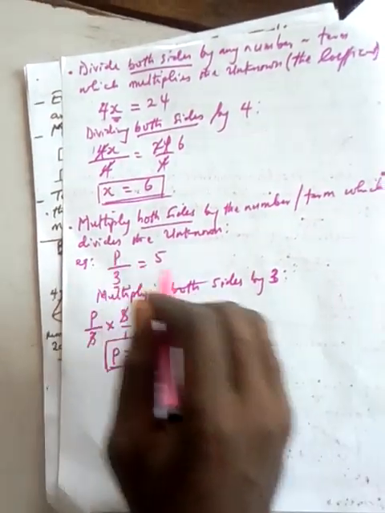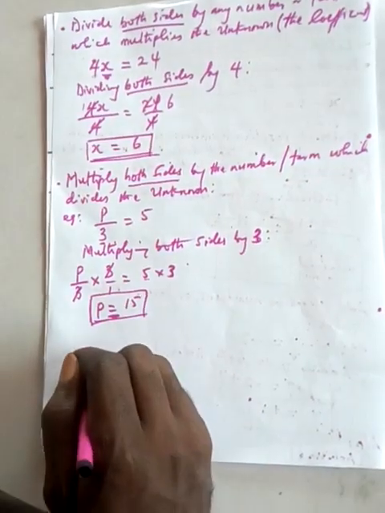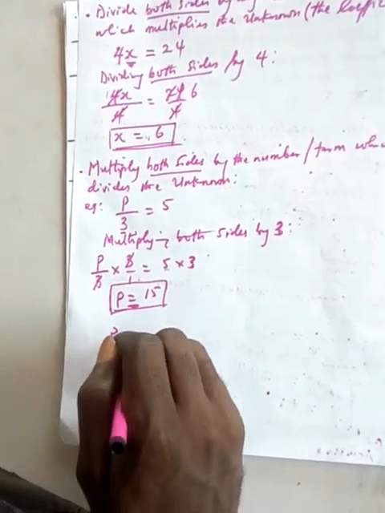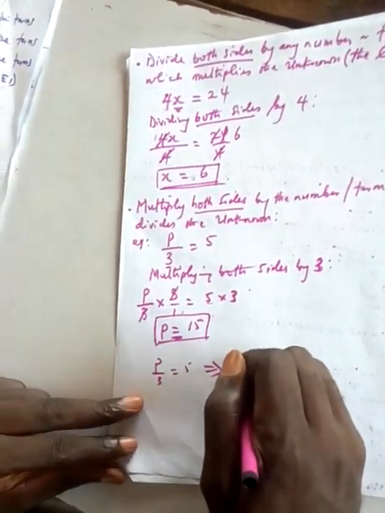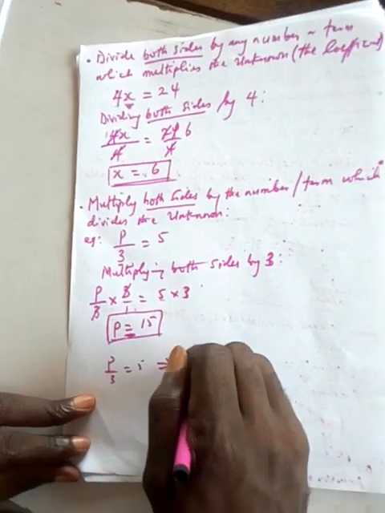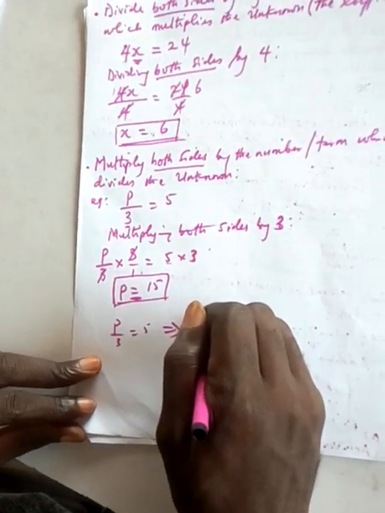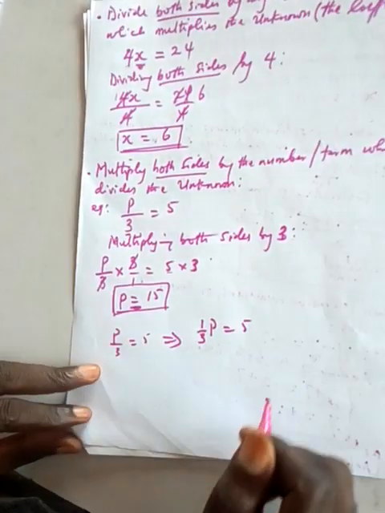Now, look back at this question. p over 3 equals 5. You will see something. This is the same thing as 1 over 3 p equals 5.